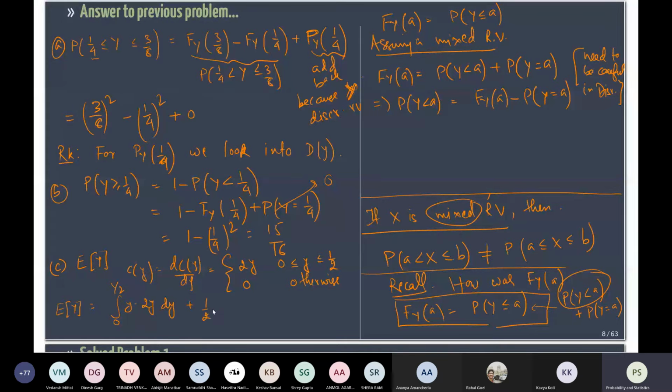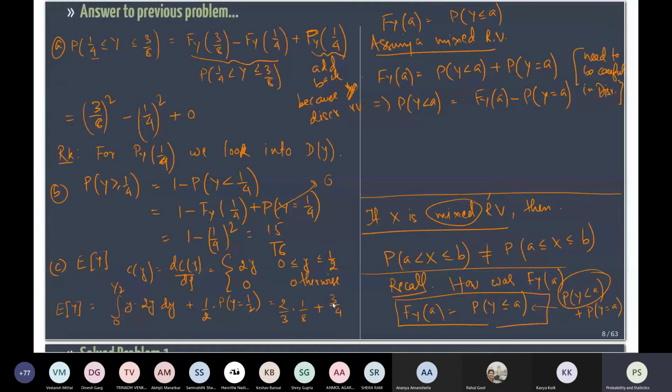So remember at half, the probability that Y is equal to half, and at other places it was 0 anyway. So this integration is 2y cubed by 3, and y cubed at half is 1/8.